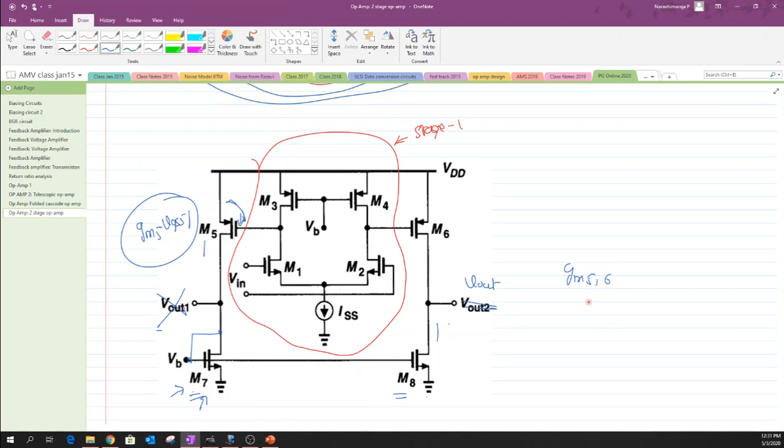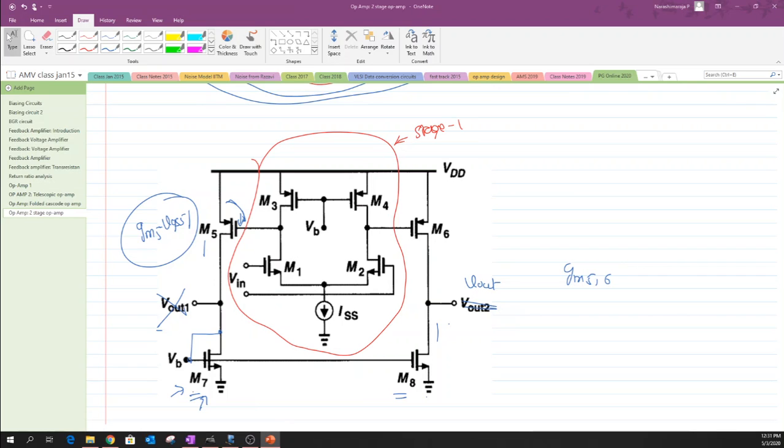Now we'll just complete this session by looking at a problem. Let's try to solve this particular problem. I'll just try to give a hint about this particular problem, rather, how to solve it.